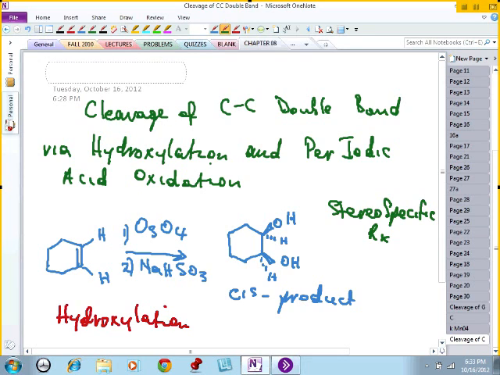Therefore, we refer to this reagent as a syn addition reagent. We say it is a syn addition, which is the same thing as cis addition.